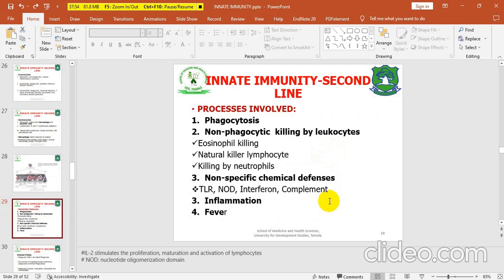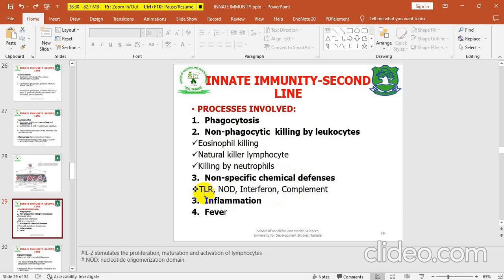So the second line of immunity, the processes involved are what? Phagocytosis, that is cell eating. Non-phagocytic killing by leukocytes, that is the eosinophils, natural killer cells, and the neutrophils. They kill the organism without eating the organism up. They just produce chemicals and kill it. The chemicals, some of them are cytokines. Then the non-specific chemical defenses.